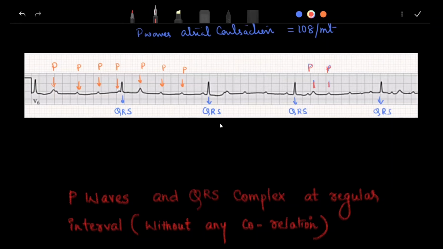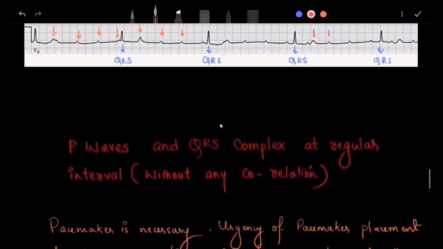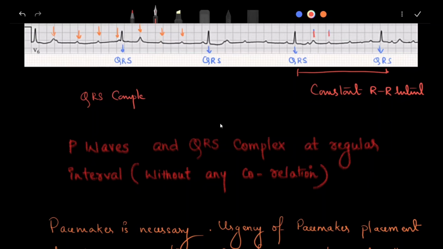Constant P waves are there. Constant PP interval, and also a constant RR interval.